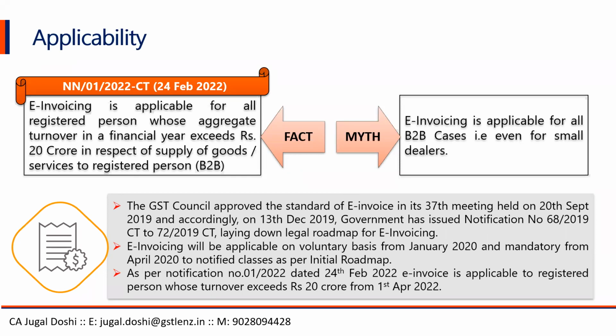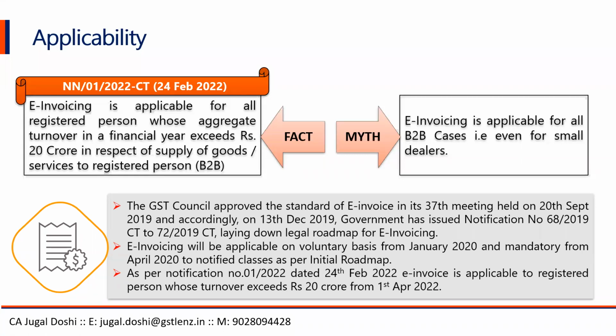So first is e-invoice is applicable to whom? It is applicable for all registered persons whose aggregate turnover in a financial year, here the wordings are in a financial year, exceeds rupees 20 crores. So the wordings earlier were in a financial year, but later they have brought an amendment, and then they have changed the wordings to in any preceding financial year.